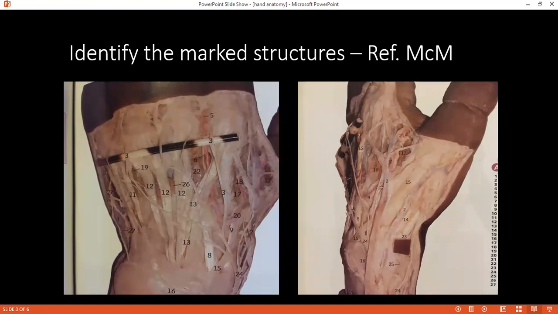Okay. Can you please tell me all the movements which are possible at the thumb joint? Flexion, extension, abduction, adduction, opposition, circumduction. Good. What are the muscles responsible for the opposition movement of the thumb?